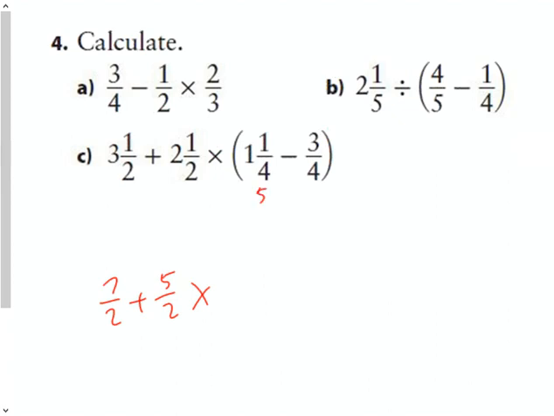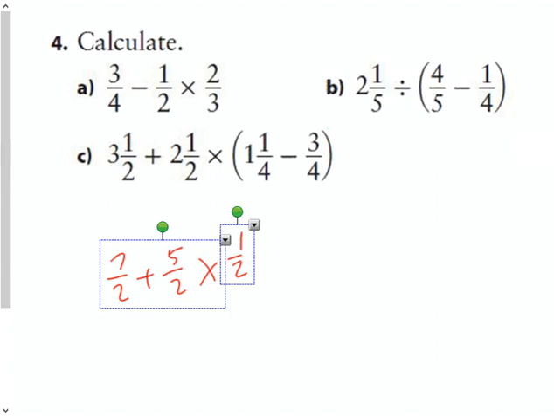But for those of us who can't, change your mixed fraction to improper, subtract your numerators, keep your denominator, you get 2/4, which in lowest terms is a half. So when I work all that out, those brackets become a half, and now I have this.